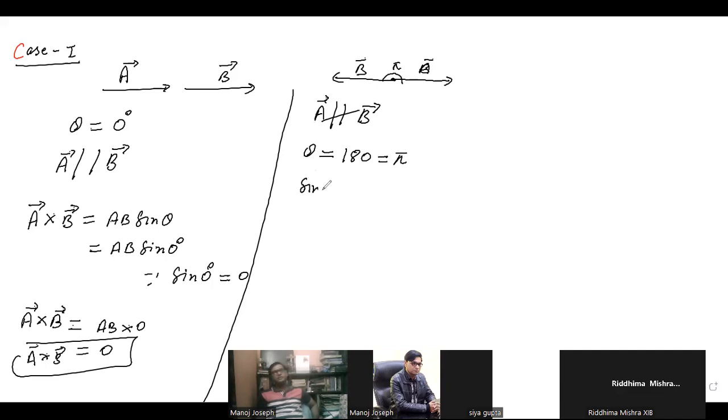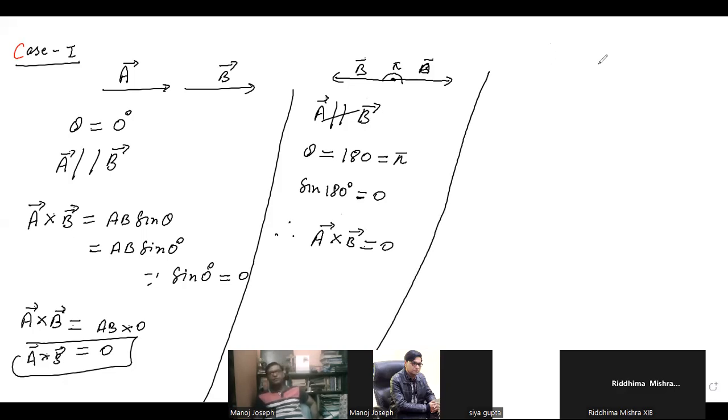In that case, sine 180 degrees is 0. As sine 0 produced 0, sine 180 is also 0. So the product will be the same, and vector A cross vector B will be 0. So in these two cases, the vector product is 0.